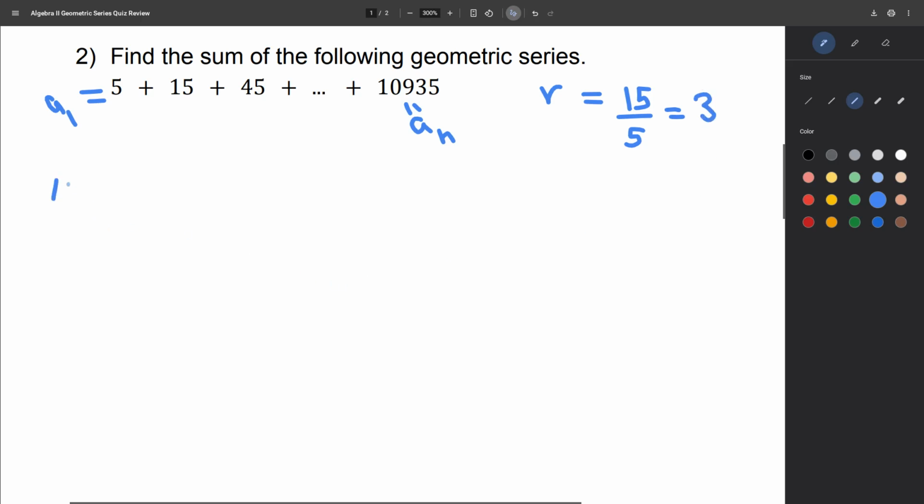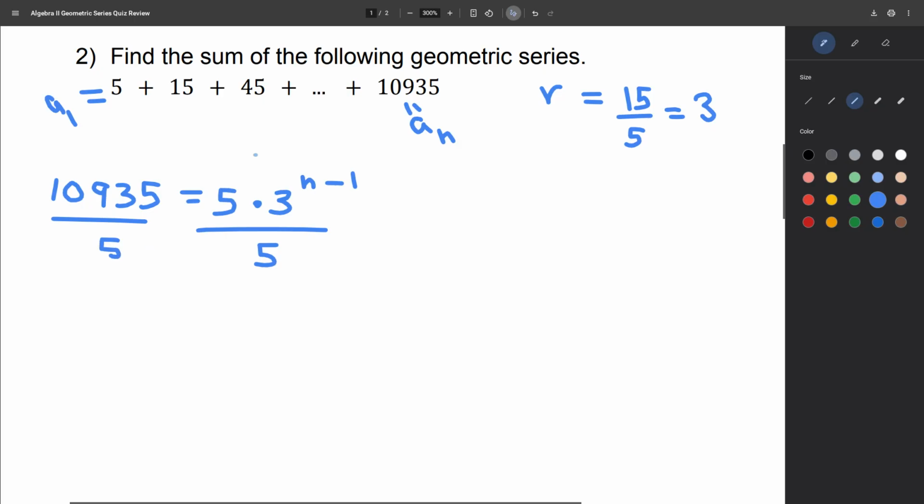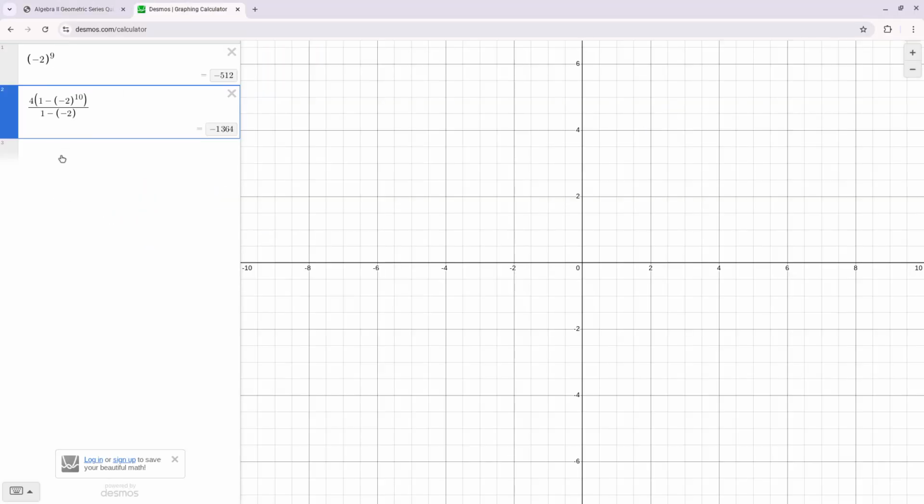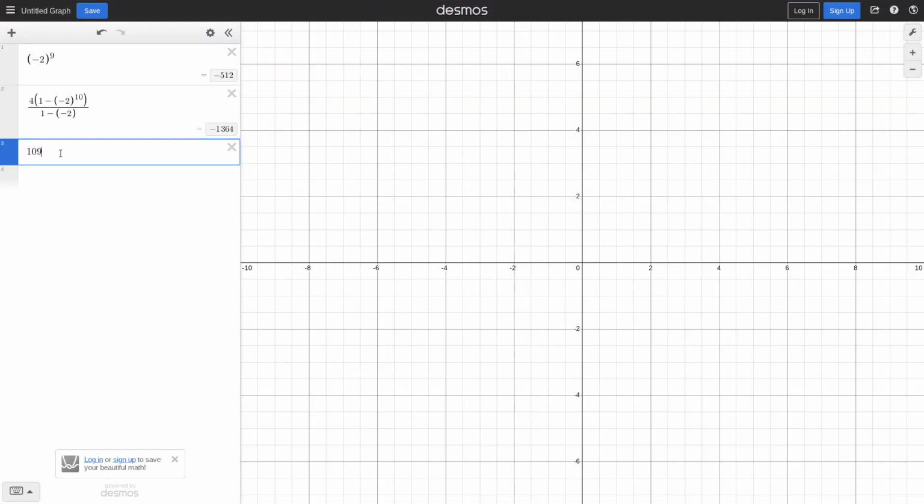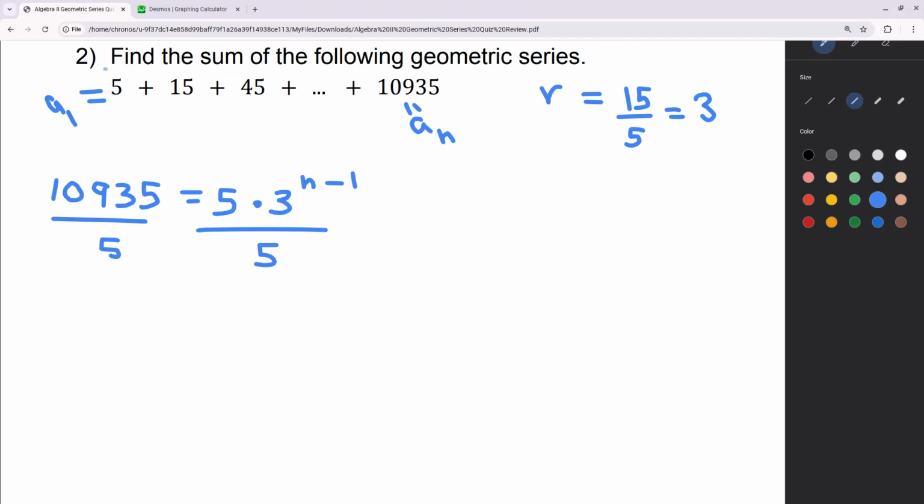Okay, so we're going to say 10,935 equals 5 times 3 to the n minus 1 power. We'll divide both sides by 5. So 10,935 divided by 5 gives us 2,187.